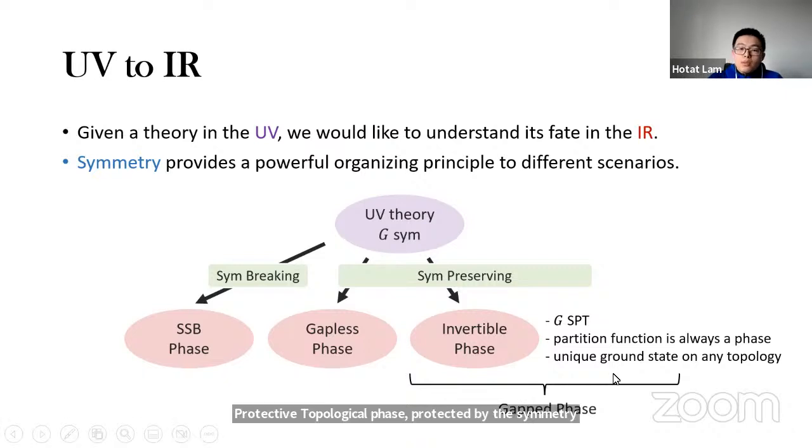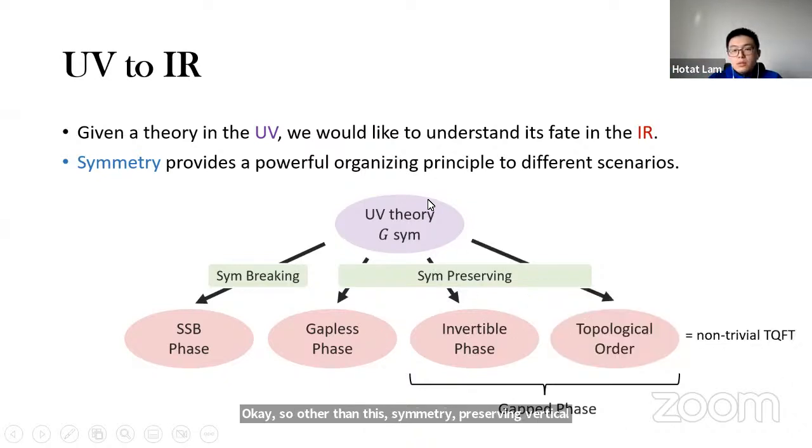Other than this symmetry-preserving invertible phase, there are also some non-trivial symmetry-preserving gapped phases. These are what I will call symmetry-preserving topological orders. By this I mean non-trivial topological quantum field theories that live in the IR. A defining characteristic of a non-trivial topological quantum field theory is that if we place it on some spatial manifold, it will have ground state degeneracies, and the degeneracy will depend on the topology of that manifold.